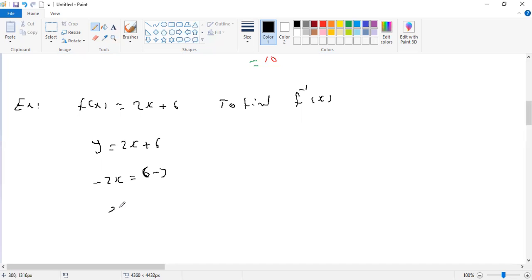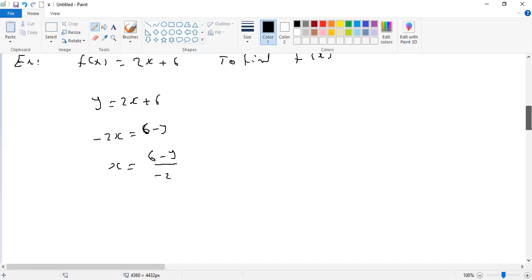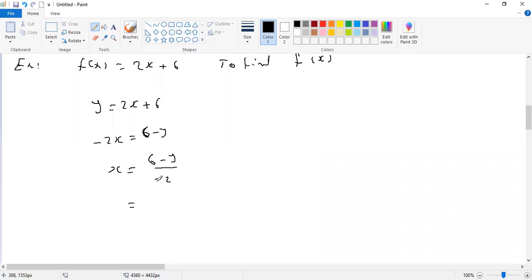Divide by negative 2, so x is 6 minus y over negative 2. So x equals minus 3 plus half y, because you have 6 over negative 2 and minus y over negative 2, which gives negative 3 and, negative negative, plus 1 over 2 y, half y.